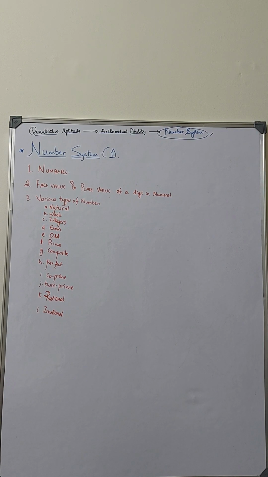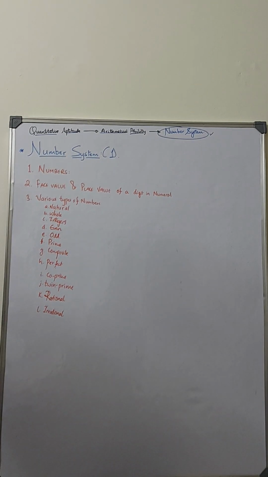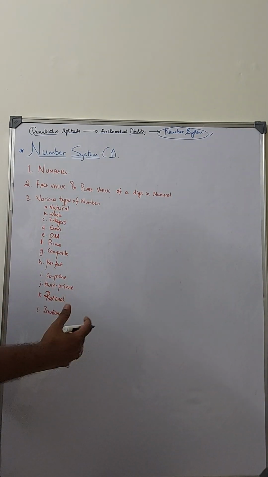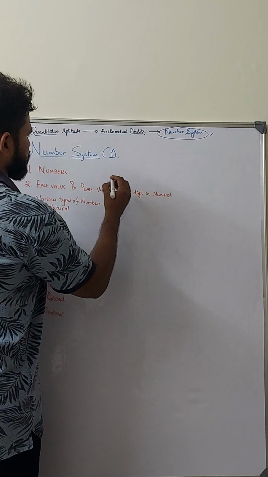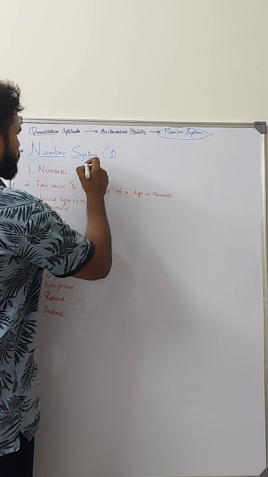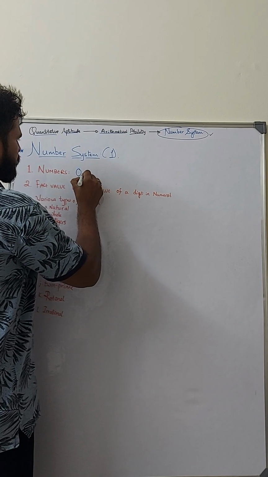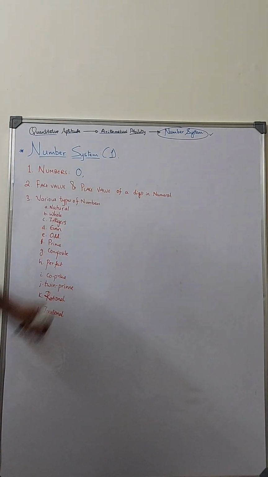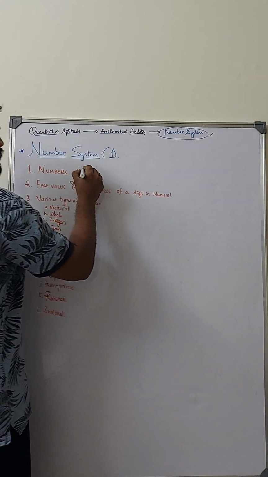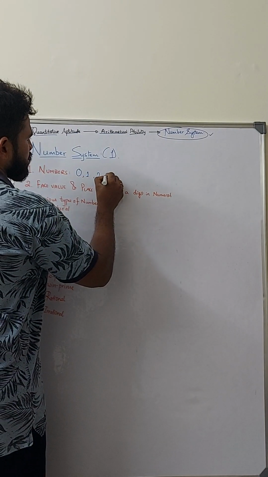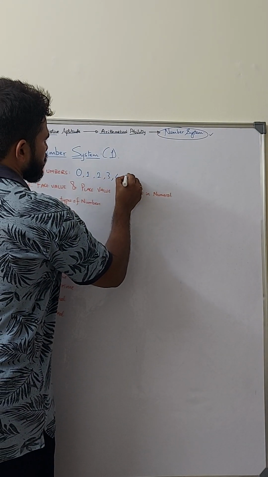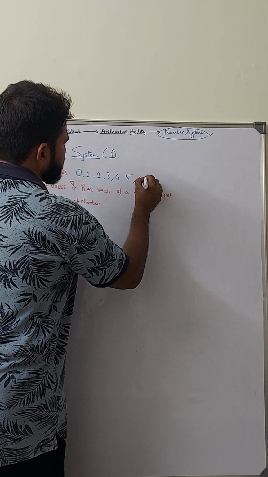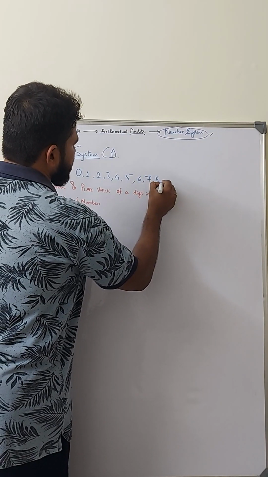There are various number systems, but we'll go with the plain concept, that is numbers. All the numbers that we know start from 0. Arithmetic invented 0. Then 1, 2, 3, 4, 5, 6, 7, 8, 9.